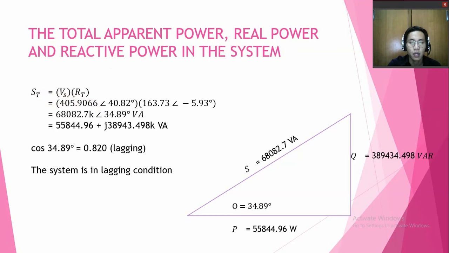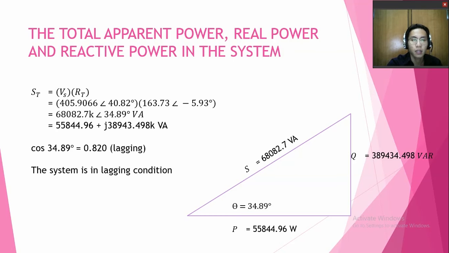Here we can calculate the total apparent power by using the formula of the total voltage supply multiplied with the load total, which gives the value 55,844.96 plus 38,943.498 kilovolt-ampere.